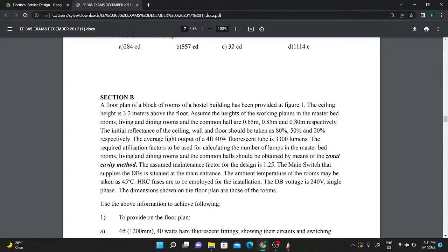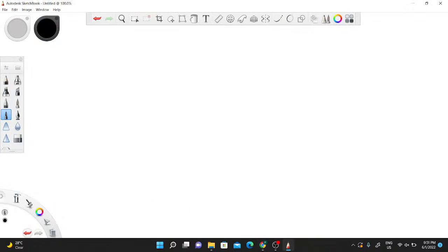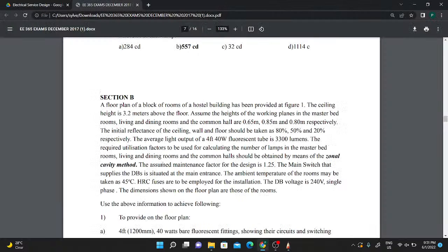So let's start. We've been given the height of the room as 3.2 meters. Assume the heights of the working planes in the master bedroom, living and dining rooms are 0.65.